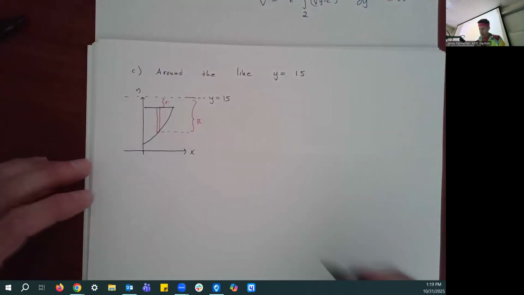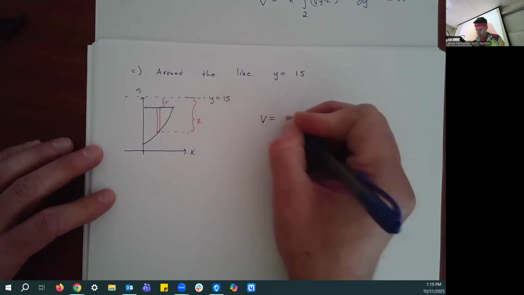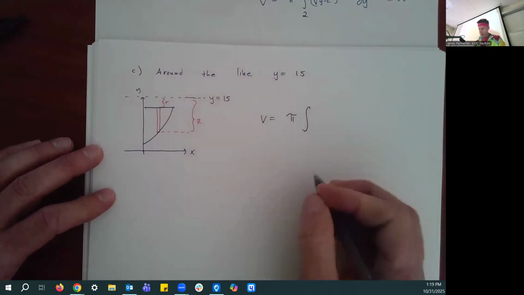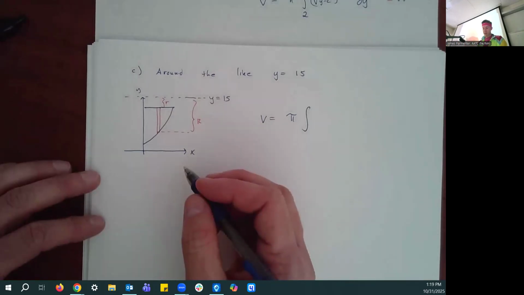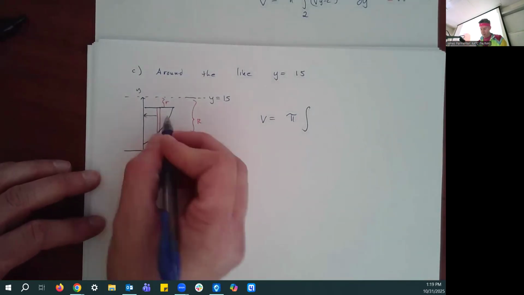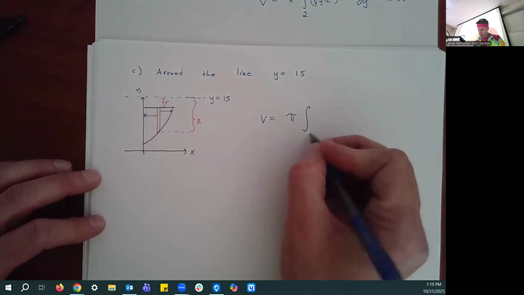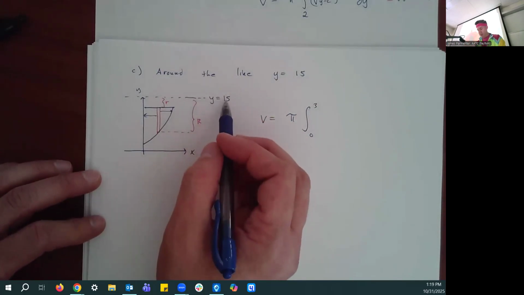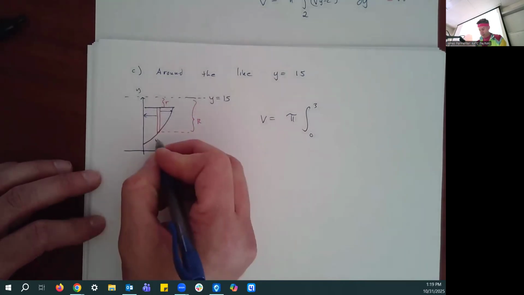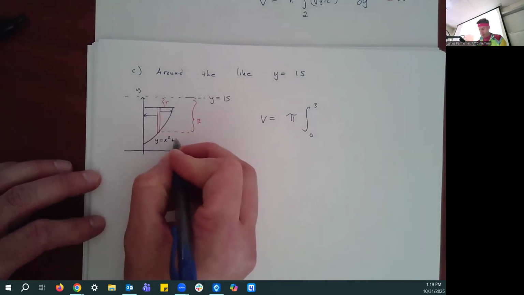So the volume here is going to be pi times the integral from 0 to 3, because we're going as far left as 0, as far right as 3. But now my outer radius is the difference between the axis of rotation and the function we're looking at, which is y equal to x squared plus 2.